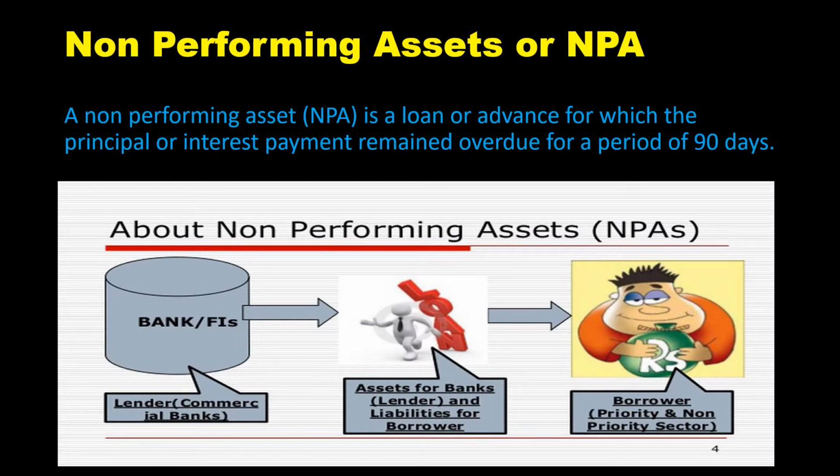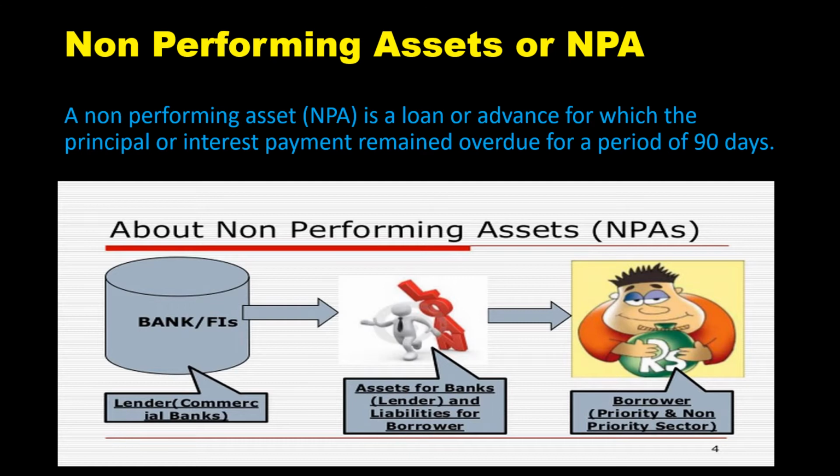I explained this in a previous class itself, but just to brush up, I am explaining this again. Non-performing assets means a loan given to the public. If that loan amount is not recovered till 90 days, for that we call it a non-performing asset.